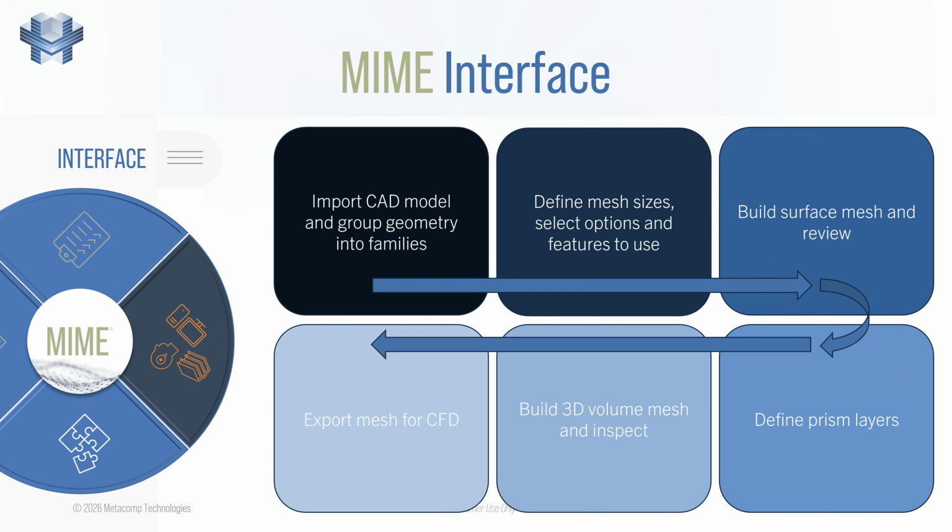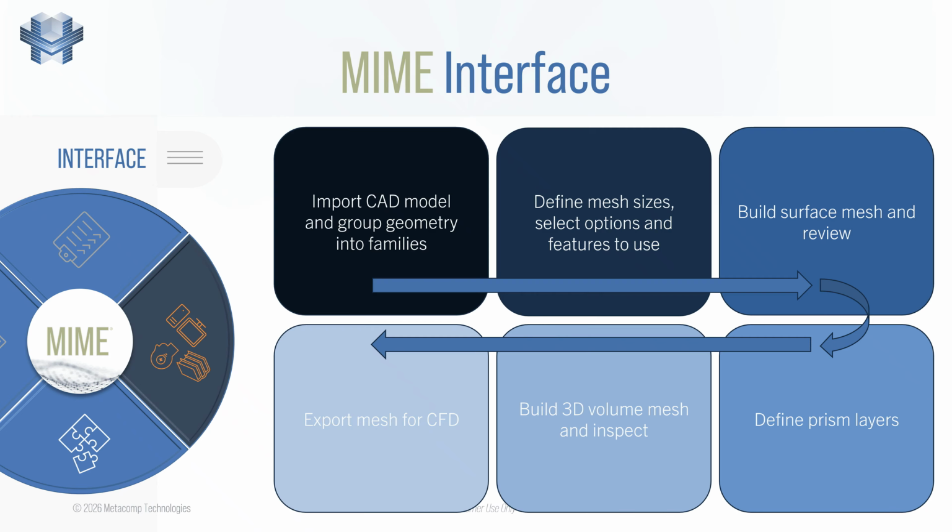The workflow starts by importing a suitable CAD model and then grouping the geometry into families. These families are then used for controlling mesh parameters and for later use for the specification of boundary conditions. This is followed by the specification of mesh sizes and other meshing parameters. The user then generates a surface mesh to quickly verify mesh sizes and surface resolution.